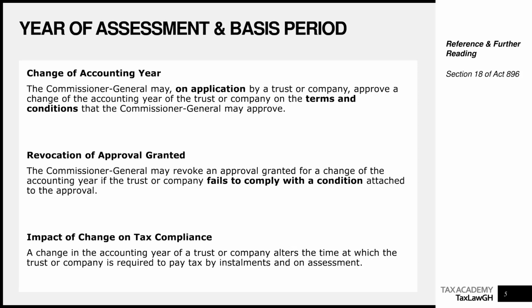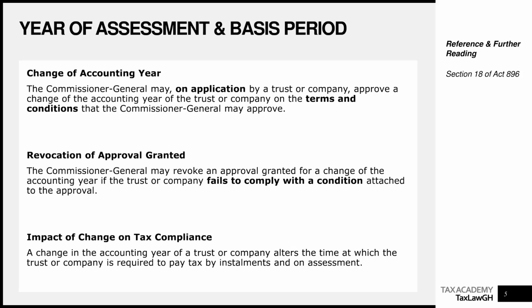In addition to approving, the Commissioner General will usually attach terms and conditions that the company must comply with in order for the approval to remain valid. What this means is that it is a conditional approval for you to change your accounting year.